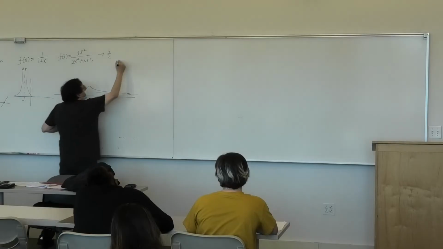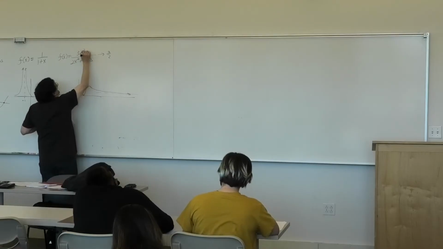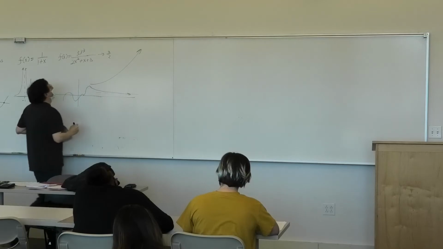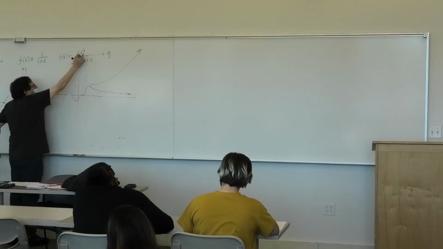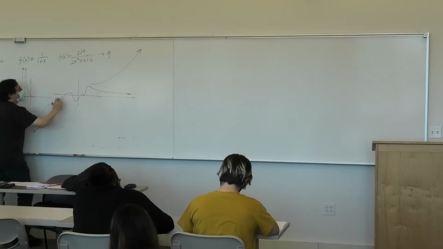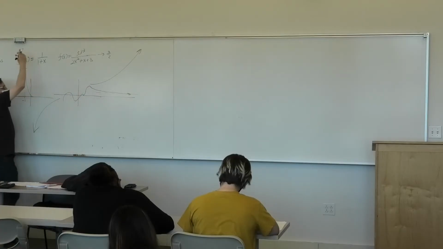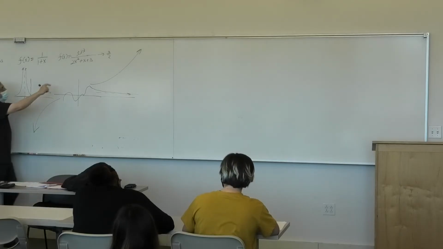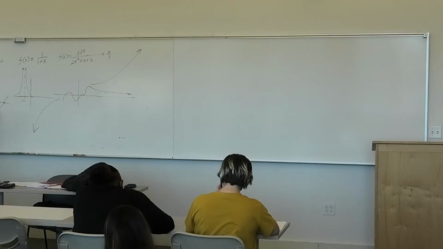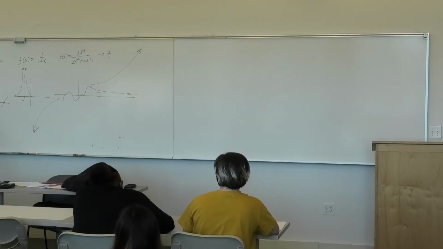So if we just make this x cubed, we know that somewhere out here it's going to go off. And since it's odd, down here it's going to go down. If this was an even number, they both go up, or they both go down if the coefficient is negative. So this is all stuff you should have known before you got here. And some of it may come up in this chapter.